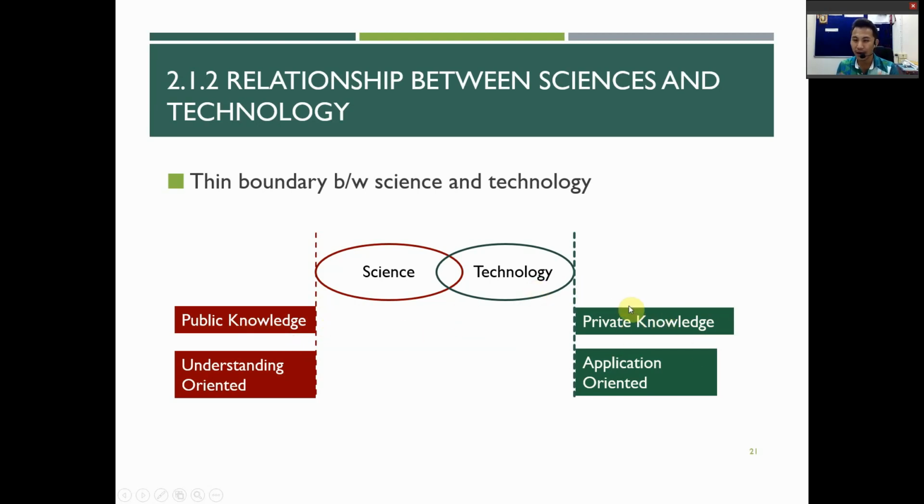Once you specify something that you're going to use it for, that is technology. But science is very general, where you understand the whole picture. And science is understanding oriented, but technology is application oriented.